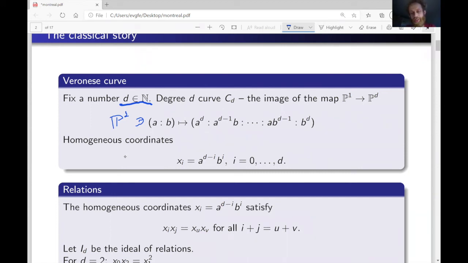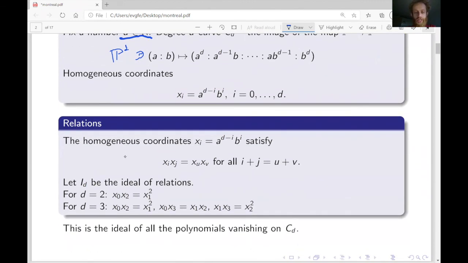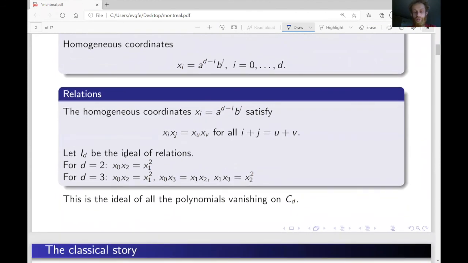So you can just see it as a P1, but embedded into different projective spaces. This is the usual picture where you have a projective variety with several different embeddings. So let's go further. What are the questions we can ask about this embedding? We can ask, what are the relations satisfied by the coordinates?